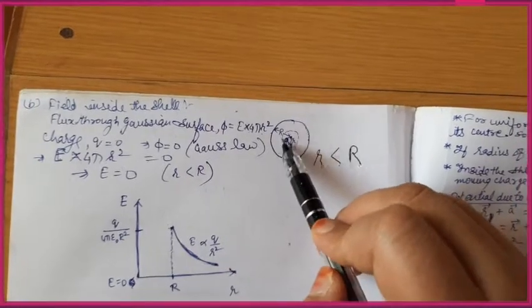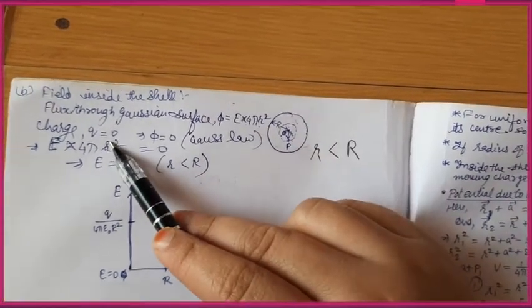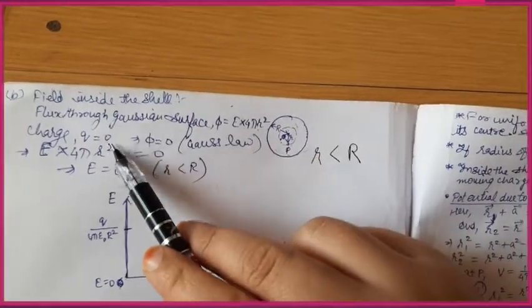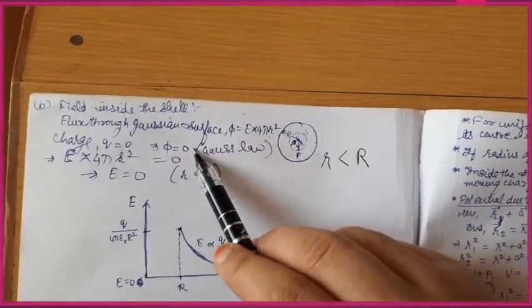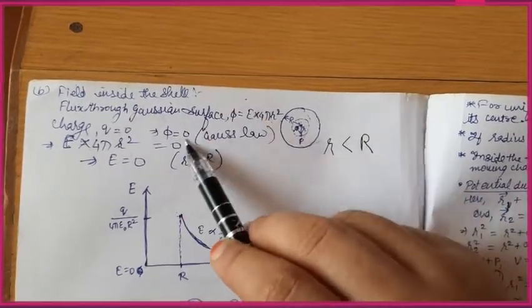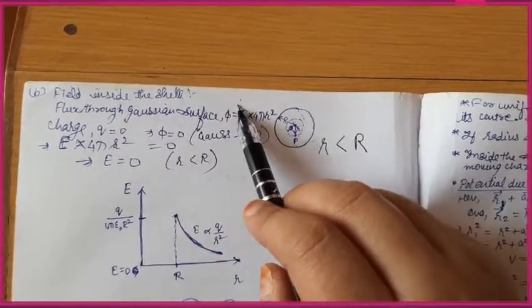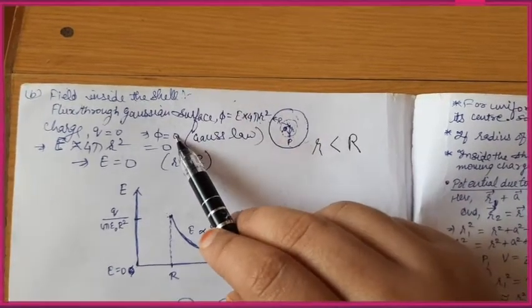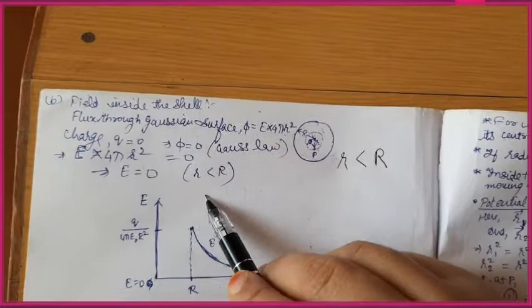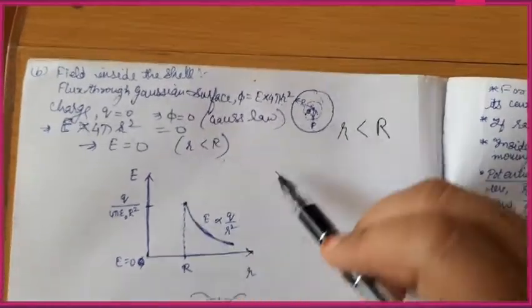So at the Gaussian surface charge is 0, because Gaussian surface is situated inside the spherical shell. Because charge is 0, then according to Gauss law phi is 0, flux is 0. So we equate the two expressions for flux, this and this. So we get E is equal to 0. That means electric field inside a spherical shell is 0.